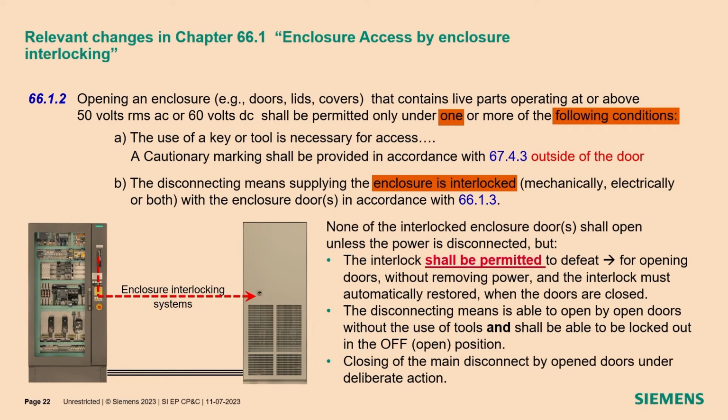And the other thing is, closing the main disconnect by open doors must be under deliberate action. So the doors are open, the power is off, and then you have to close the main disconnect to bring on the power, but this has to be done by deliberate action. This is what is still remaining in the new UL508A.